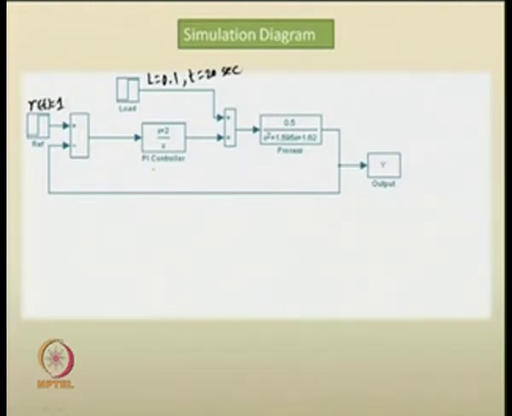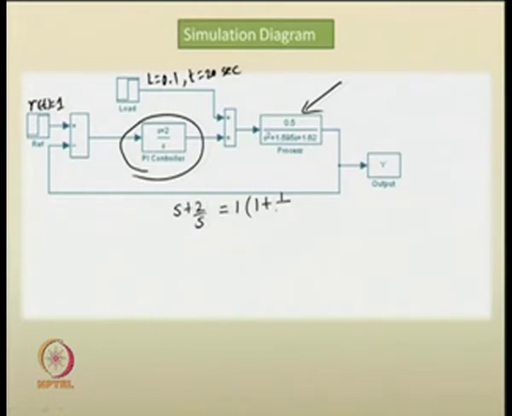Now, the PI controller we have designed for the given process is (S plus 2) upon S. (S plus 2) upon S can be expressed as 1 times 1 plus 1 upon 0.5 S. No, in this case it will be different.